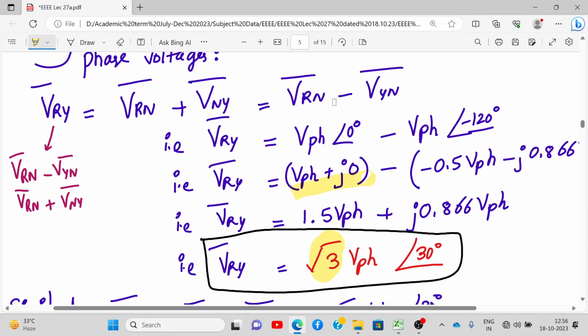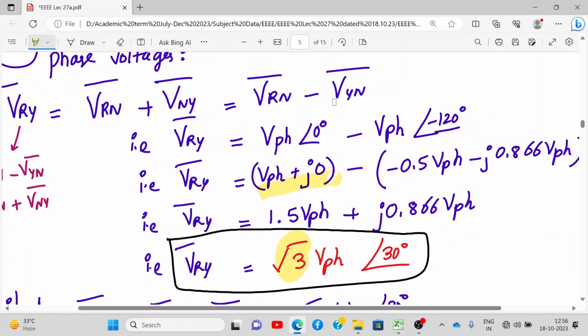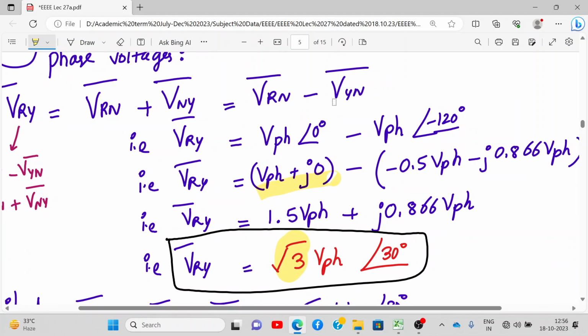Line voltage is root 3 times phase voltage, angle 30 degrees. Completed? Okay, I'll give you all a minute. Someone please do the conversion and check now. One angle minus 120 degrees, is it minus 0.5?